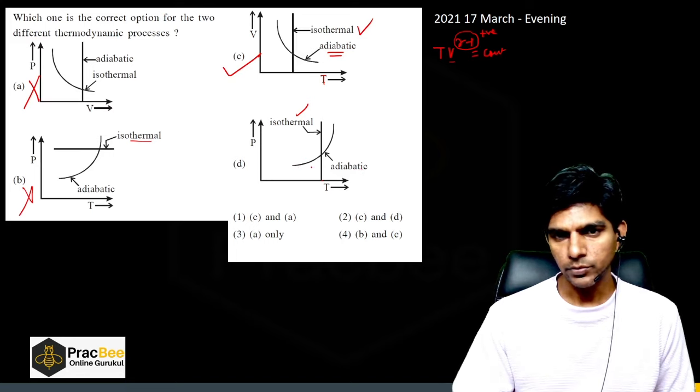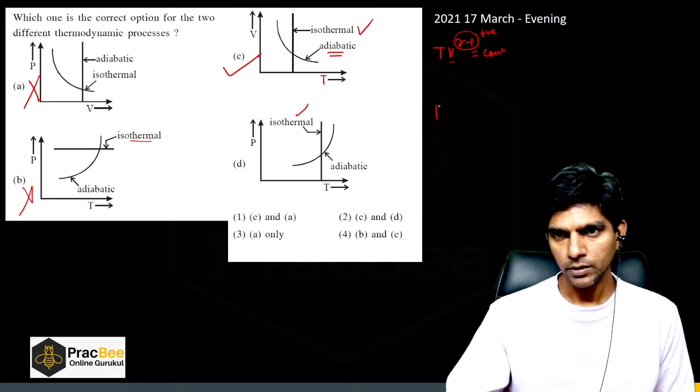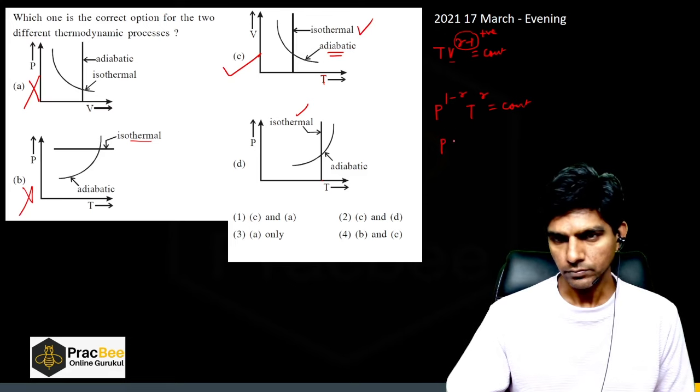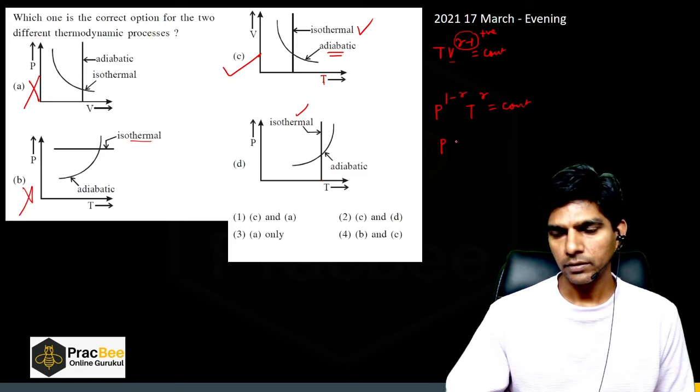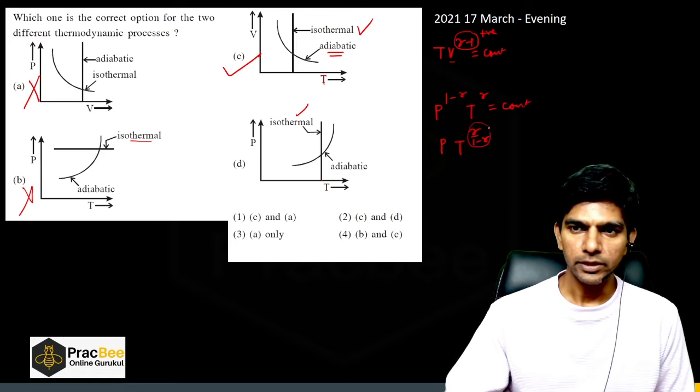For the adiabatic process, you can see as the temperature increases, pressure is also increasing. Now let us see the relation. We know that P raised to power 1 minus gamma, T raised to power gamma is constant for an adiabatic process, or we can write it as P times T raised to power gamma upon 1 minus gamma. Now 1 minus gamma is negative, so this quantity is negative.